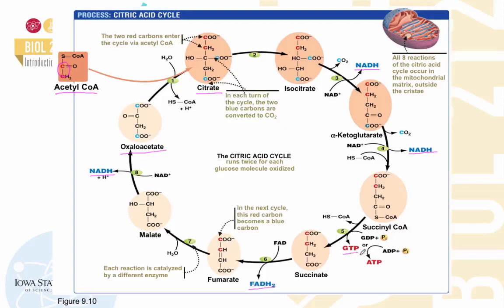The GTP molecule is later converted to an ATP molecule. The carbons, shown in blue in citrate, are subsequently released as carbon dioxide. So we start with a 6-carbon molecule and end up with a 4-carbon molecule.